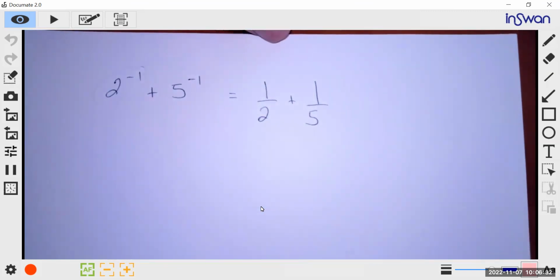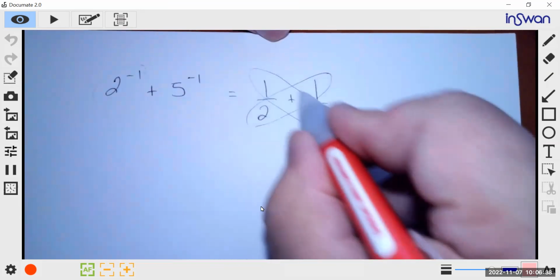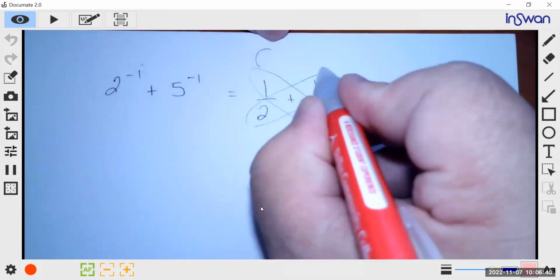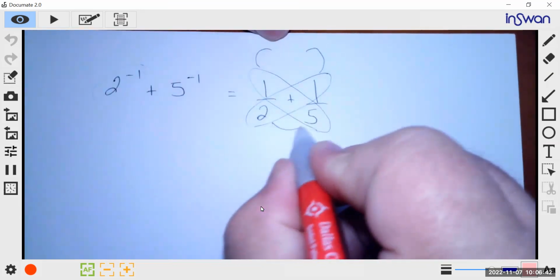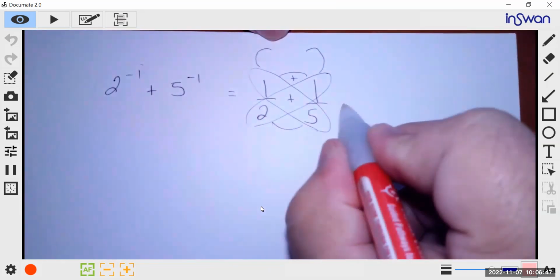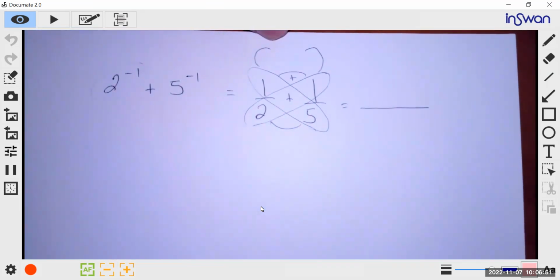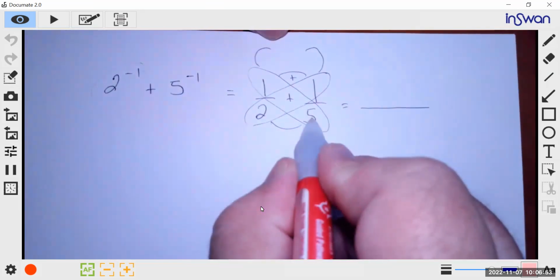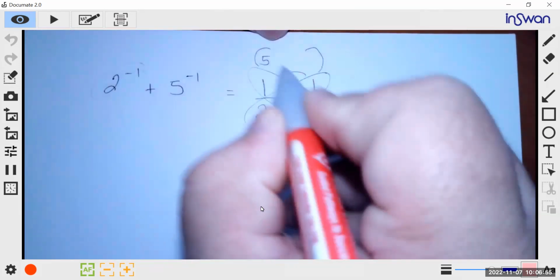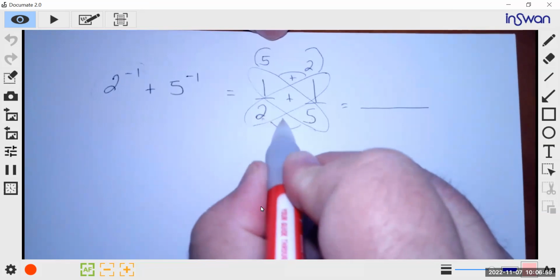How do you add fractions? Or we can use the butterfly method. Five times 1 is 5. 2 times 1 is 2. 5 times 2 is 10.